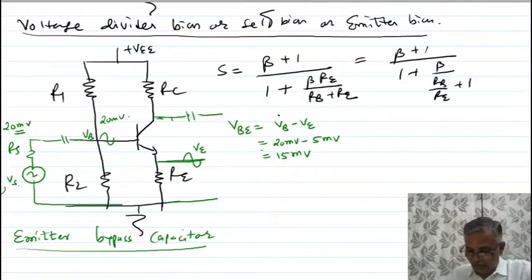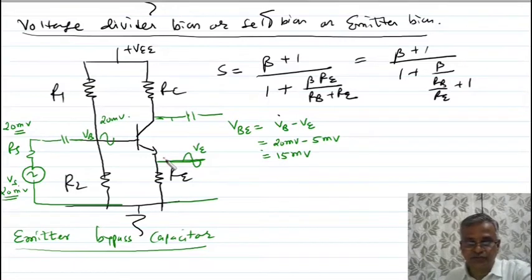Actually, how much have you given? 20 millivolt. But due to the AC voltage developed across RE, your AC input decreases. This is called negative feedback.